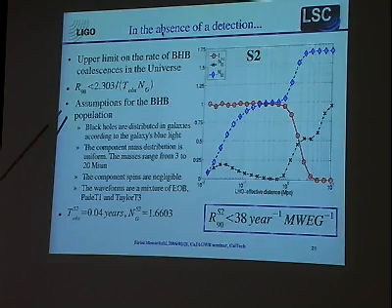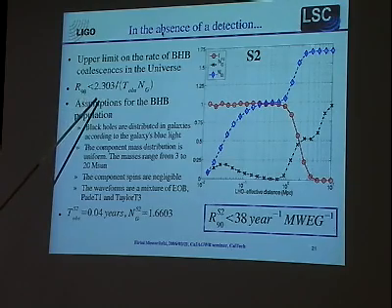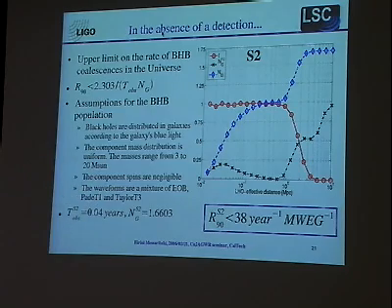A frequentist rate upper limit at 90% confidence tells us that the rate is less than 2.303 divided by the observation time and the number of Milky Way equivalent galaxies that our search is sensitive to. The observation time is given for each run, and it was 0.04 years for S2.